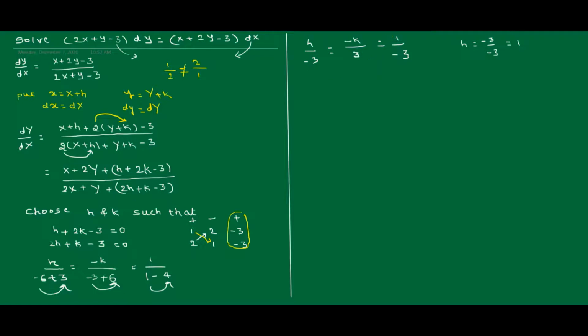And similarly minus k is equal to, transposing the 3 to the right hand side, 3 divided by minus 3, which is equal to minus 1. Both sides, the minus and minus cancel, so you get k is equal to 1. So here h is equal to 1 and k is also equal to 1.